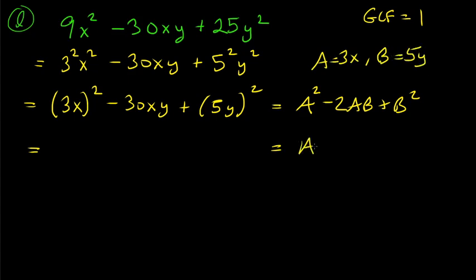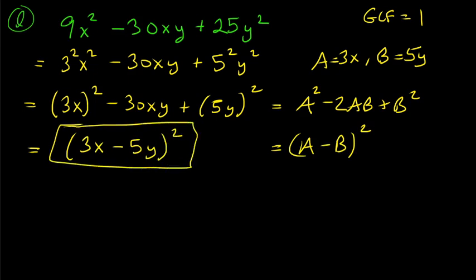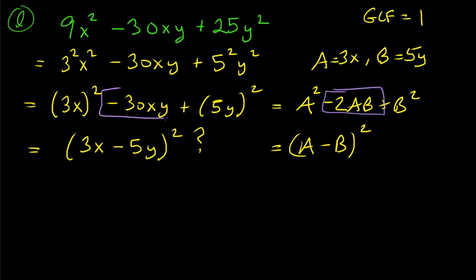So this should factor as a minus b squared, or in this case, 3x minus 5y squared. Oh, we're not done yet. Actually, we don't know that for sure. What did we forget to do here? We forgot to check the middle term. Is the middle term negative 2ab? So we have to be careful about that.